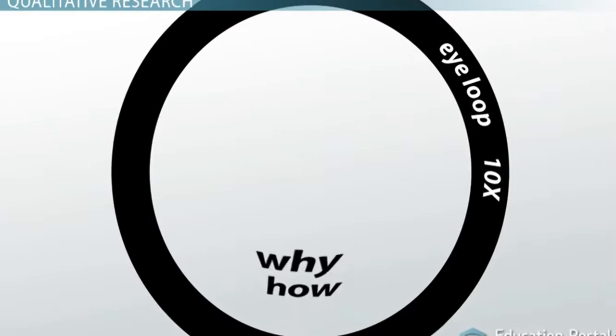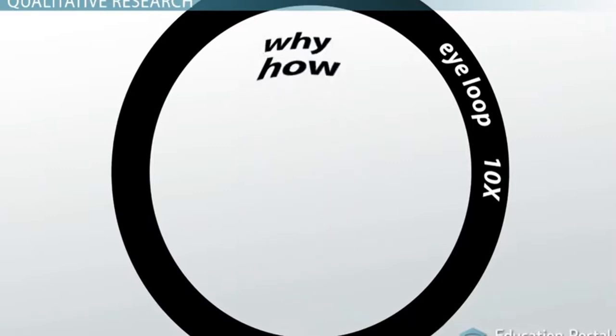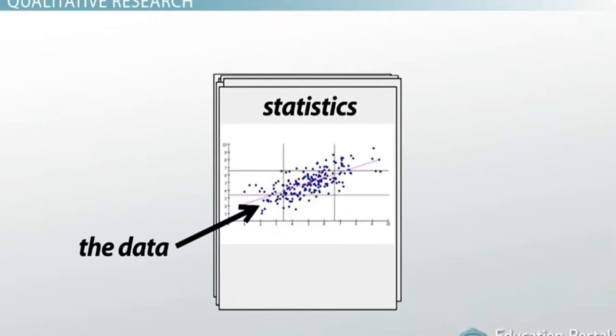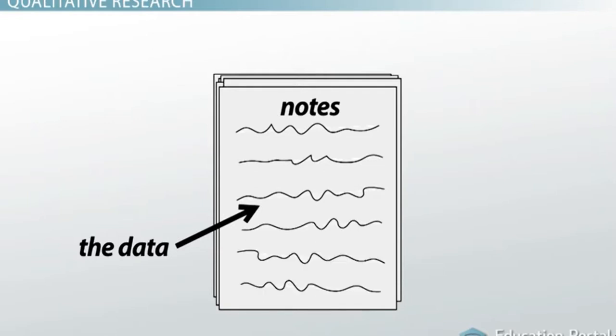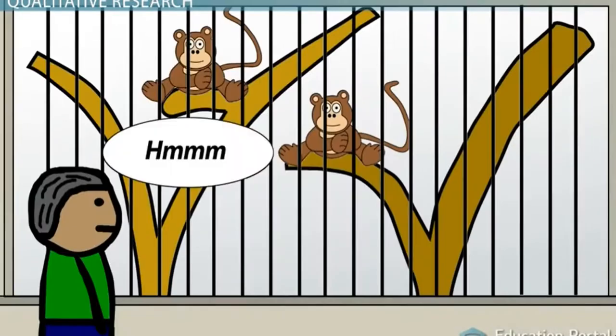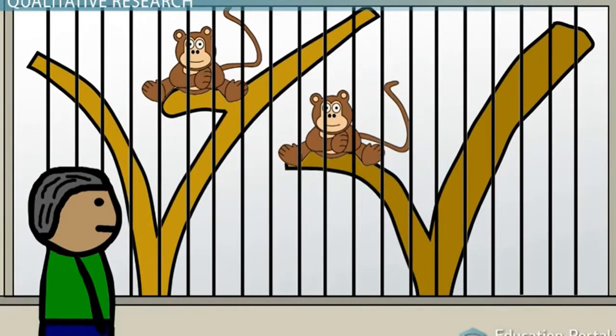This type of research focuses on why and how social phenomena occur. Instead of numbers that can be analyzed using statistics, the data is in the form of descriptive words that can be examined for patterns or meaning. For example, imagine you wanted to study the behavior of monkeys that live in the zoo.